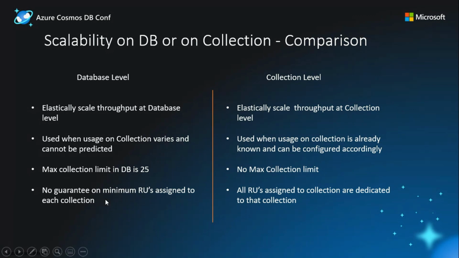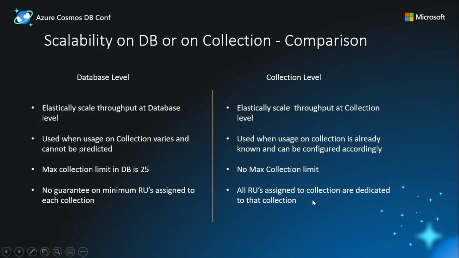Also, in the case of database level throughput definition, you don't have any guarantee on the minimum number of RUs assigned to any collection, because it depends upon the load. So if one collection has high usage, then another collection which has very minimal usage might drop down to very few RUs assigned.